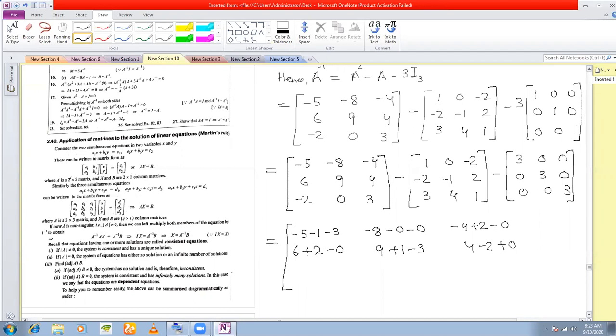Third row: minus 2 minus 3 minus 0, then 0 minus 4 minus 0, and 3 minus 1 minus 3.